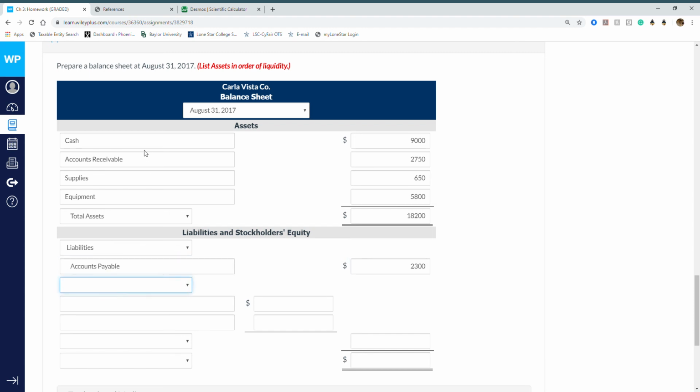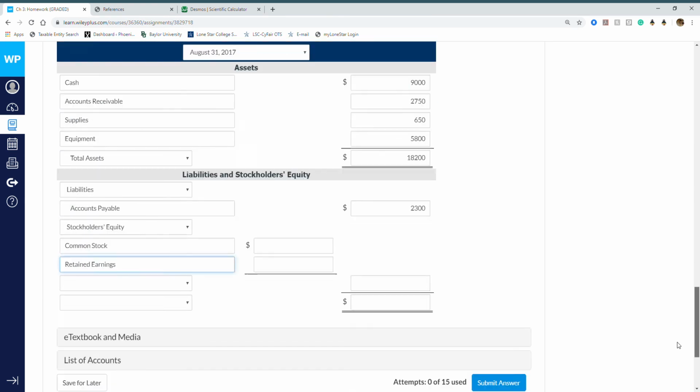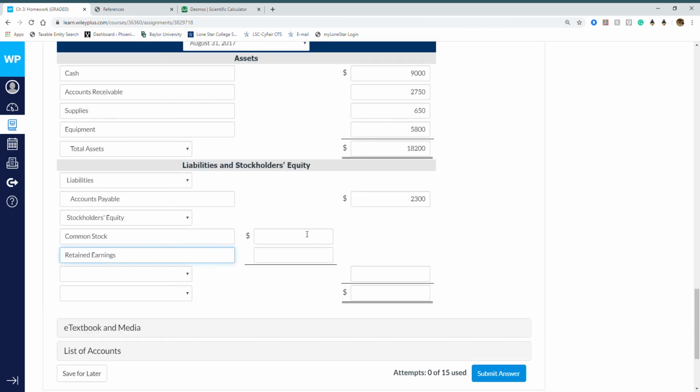Okay. Next, of course, is our stockholders' equity, common stock, and retained earnings. So we had common stock of 14,150.